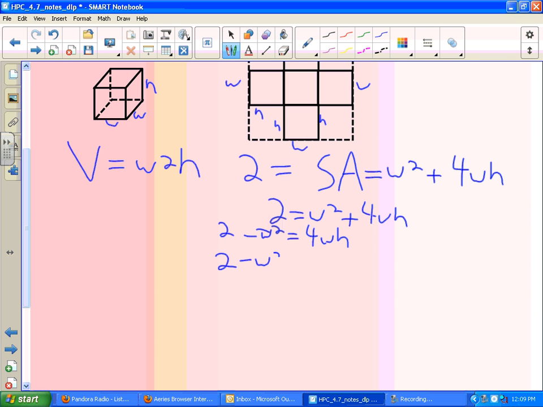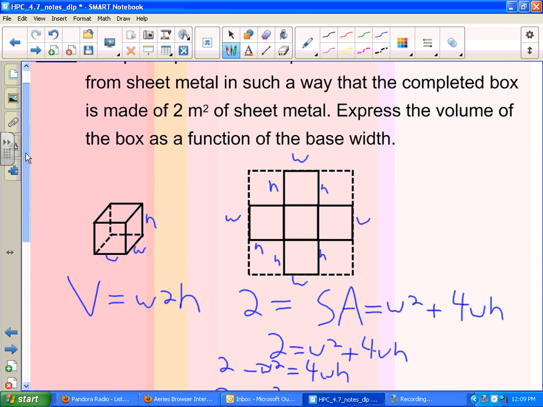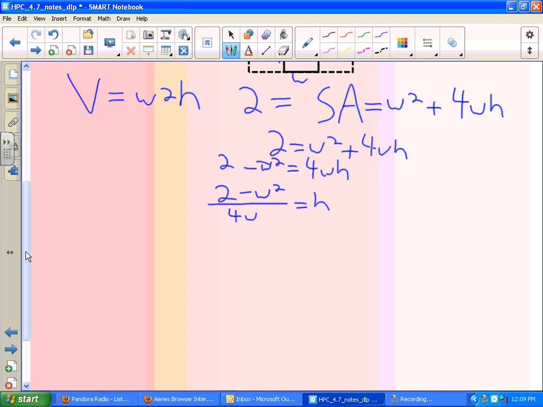It said it defines volume in terms of width. There you go. Can we simplify that possibly? Yeah, okay, this should be.